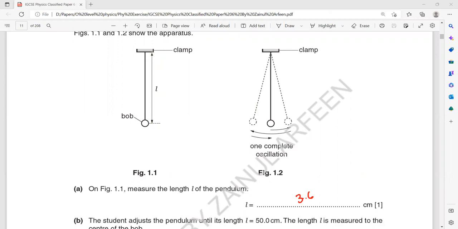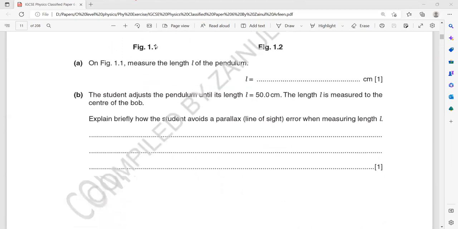I will use the marking scheme answer, but you will solve this question according to your own answer. Don't copy the marking scheme answer.